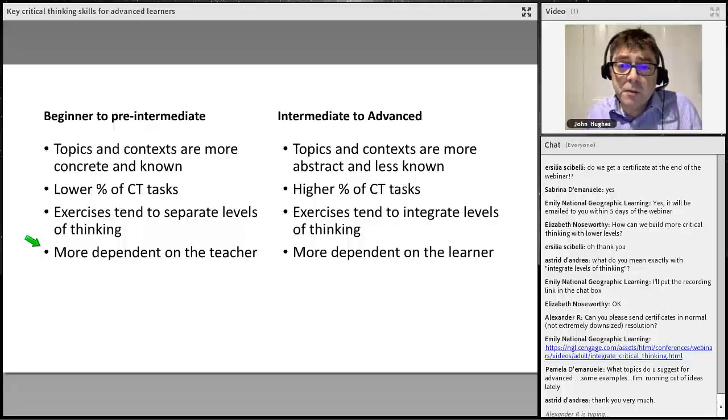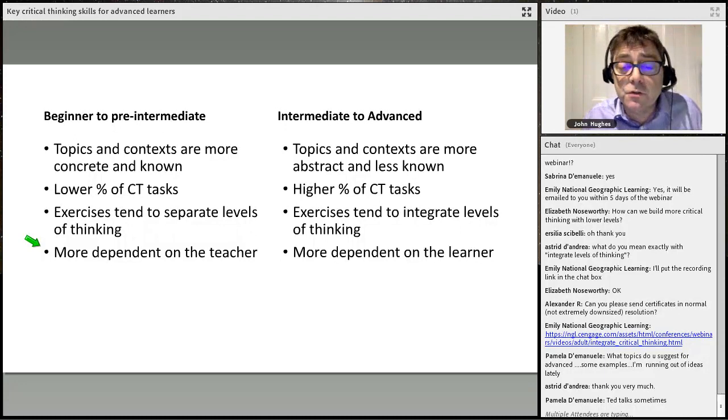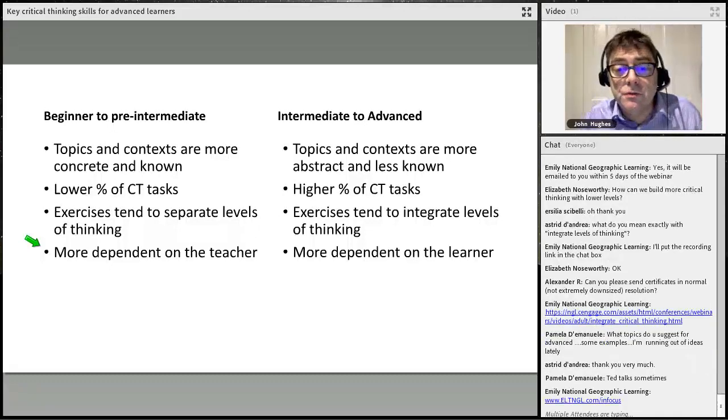Quite often it's about bringing things into class that students wouldn't normally read, but have some intrinsic interest. If you take a look again at the InFocus website with National Geographic, you'll find more ideas for texts. Yes, TED Talks as well would work well with students, particularly advanced level students.